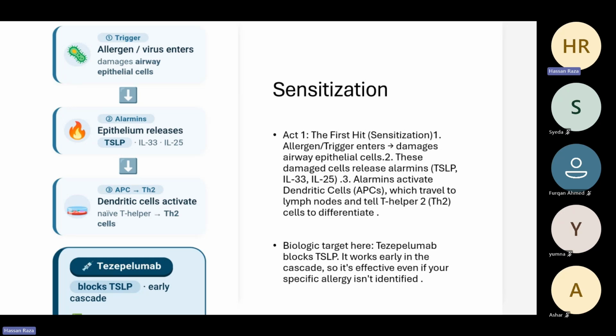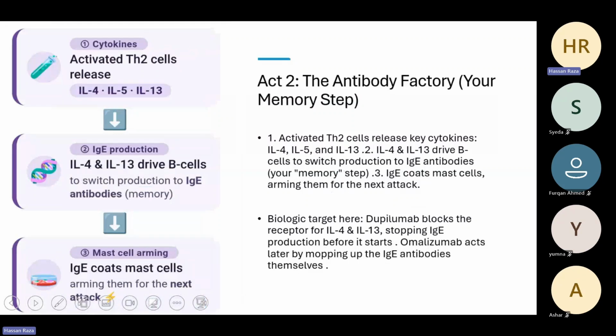They activate the dendritic cells, which are antigen presenting cells, and those activate T helper 2 cells, which also release some interleukins, basically interleukin 4, 5, and 13. Then they tell B cells to produce IgE antibodies, and these IgE antibodies stick or adhere to the mast cell. These two steps are called sensitization. Now your body is sensitized to that antigen.